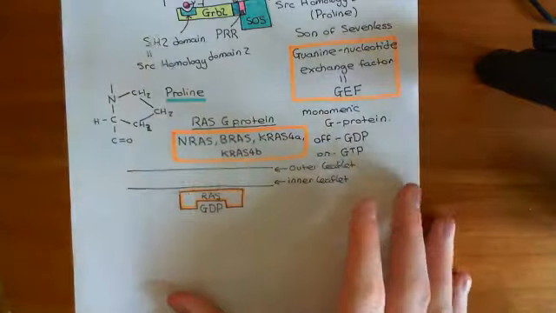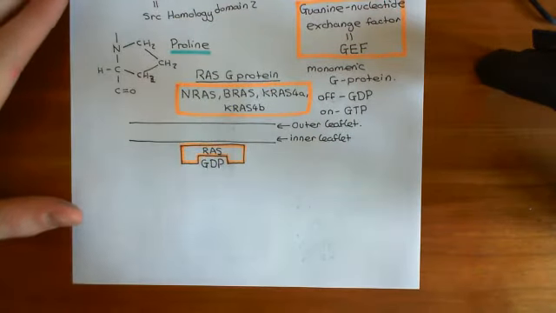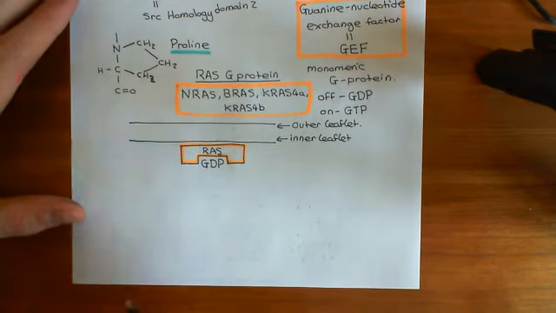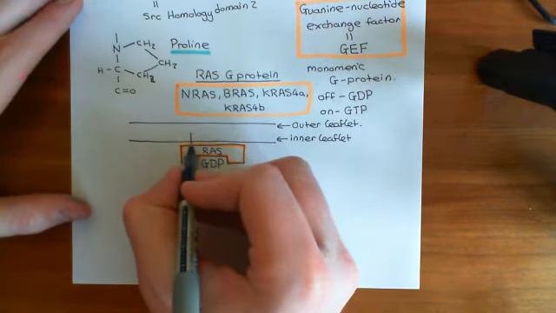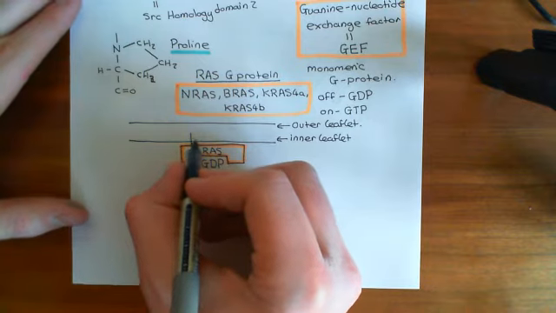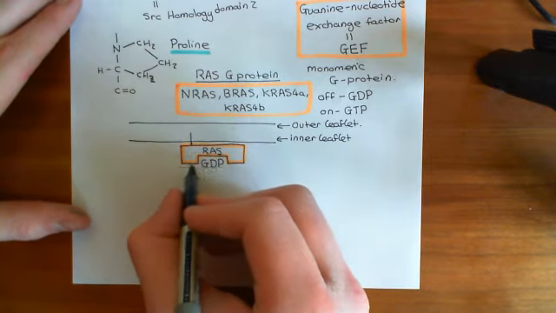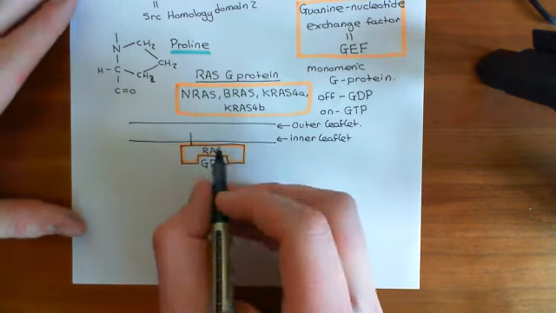Now, how does the Ras G protein then get attached onto the underside of the phospholipid bilayer? Well, basically, it has a lipid moiety attached onto its side, which then implants into the inner leaflet of the phospholipid bilayer and holds the Ras monomeric G protein at the underside of the phospholipid bilayer.